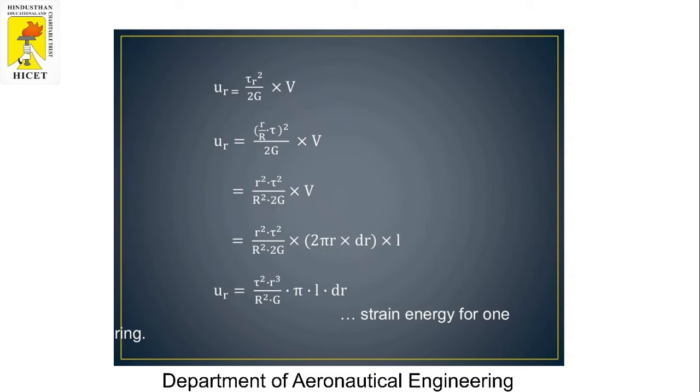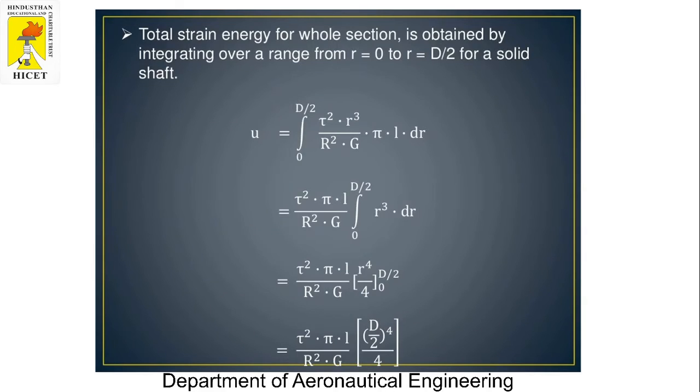By cancelling and substituting the volume, we have UR is equal to tau square r cube divided by R square G pi L into dr. The total strain energy for the whole section is obtained by integrating over a range from small r equal to 0 to small r equal to capital D by 2 for a solid shaft. So U is equal to the integral from 0 to D by 2 of tau square r cube divided by R square G pi L dr.